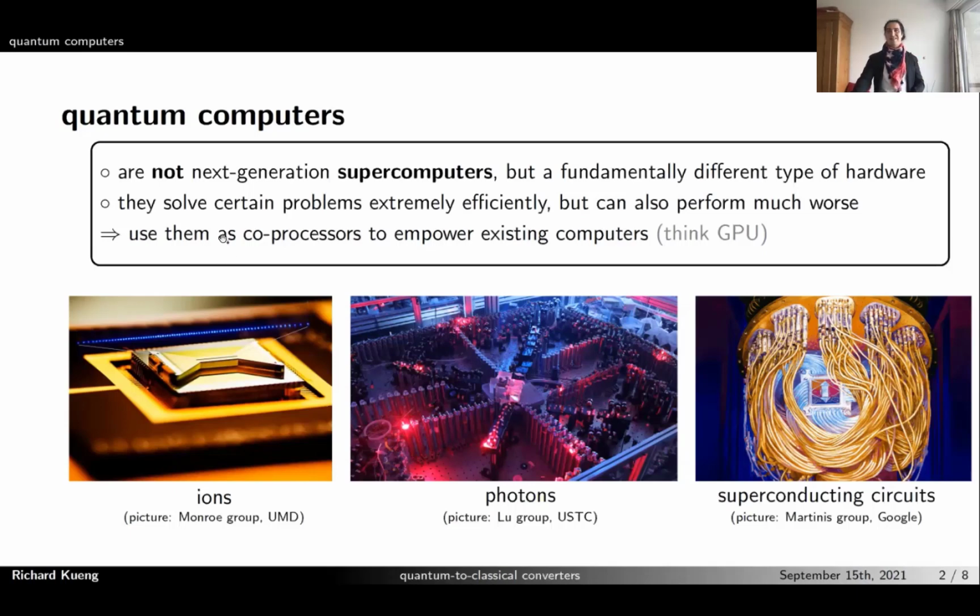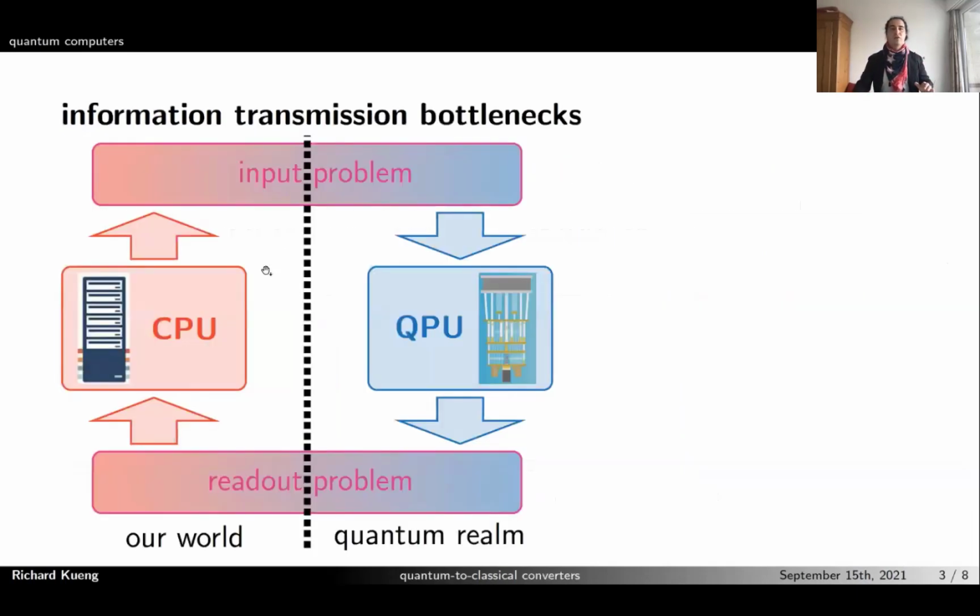But let's go ahead and envision such a quantum empowered computer, where we have ordinary conventional hardware together with a quantum processor as a coprocessor. When we view the thing as a whole, we see that we have to start in the classical world. This is our world, the macroscopic scale. When we want to tell the quantum computer to compute something, we have to transfer this set of instructions into the quantum realm, into a language that the quantum computer understands.